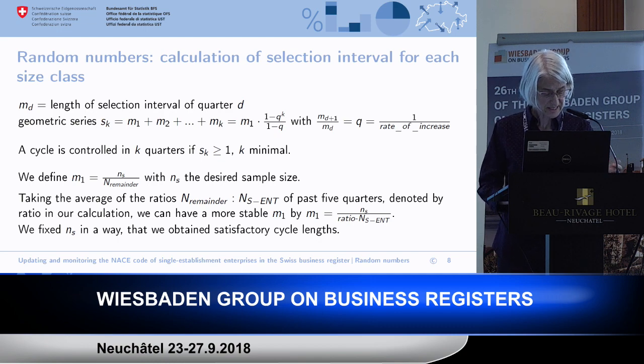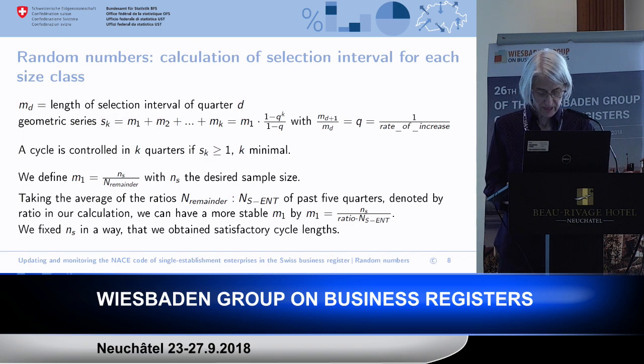For the geometric series, the sum of the M_Ds has the formula M1 times (1 minus Q to the power K) over (1 minus Q). A cycle is controlled in K quarters if the sum of the selection intervals of the M_Ds exceeds the one for the first time.